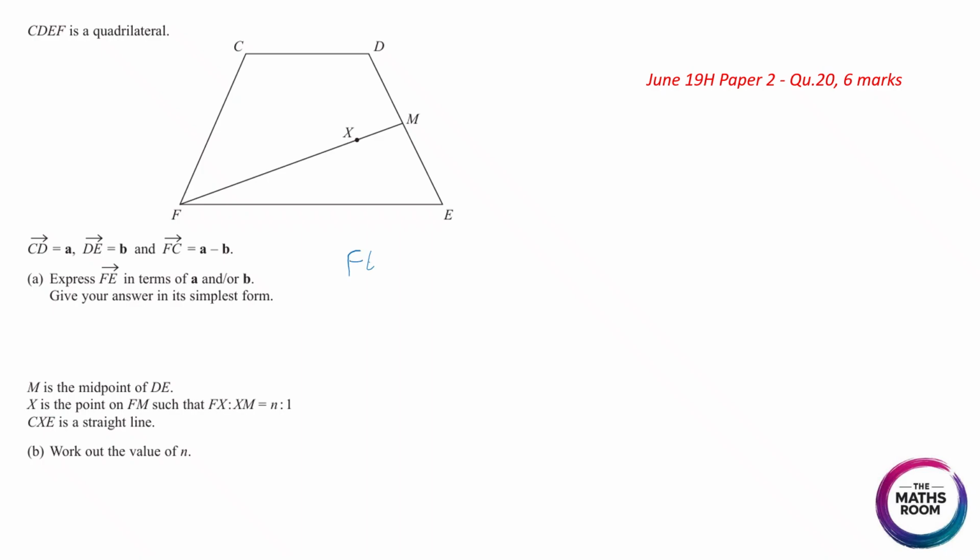So FE is FC plus CD plus DE, which is simply going to be A minus B plus A plus B, to 2A, which makes sense given that it's parallel to CD, which is the vector A. So parallel vectors, as we know, are multiples of each other.